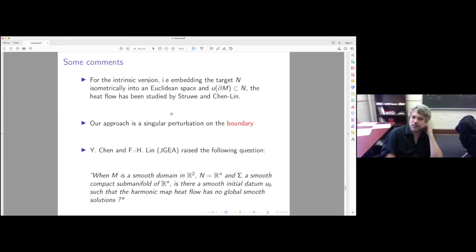So in that paper in the mid or late 90s, Chen and Lin raised the following question: whenever M is a smooth domain of R2 and N is Rn and sigma is a smooth manifold of Rn, is it possible to cook up an initial data such that the harmonic map flow has no global smooth solution, so blows up in finite time?